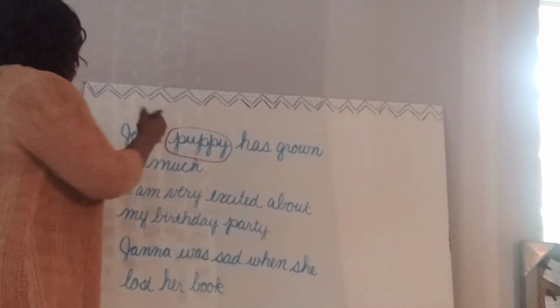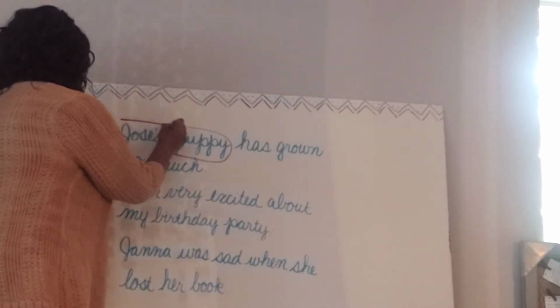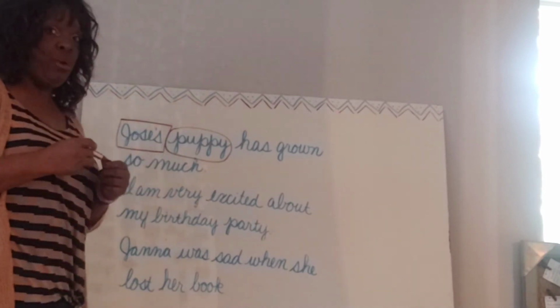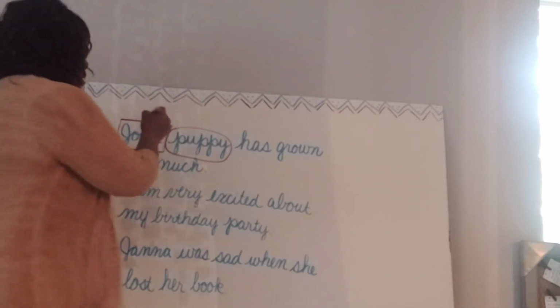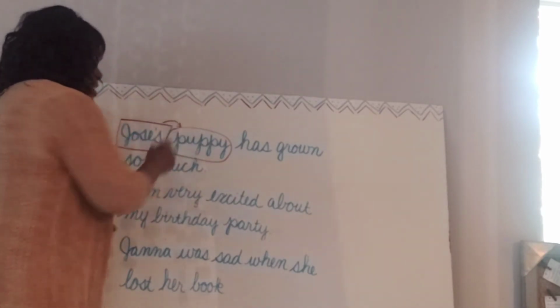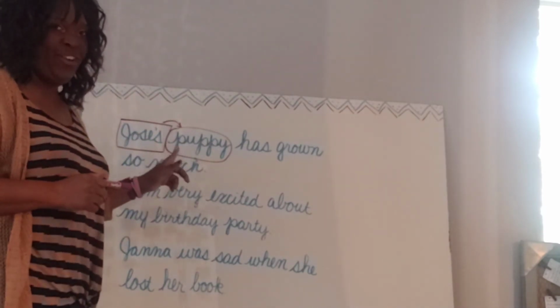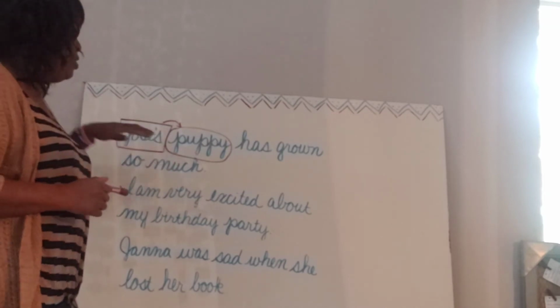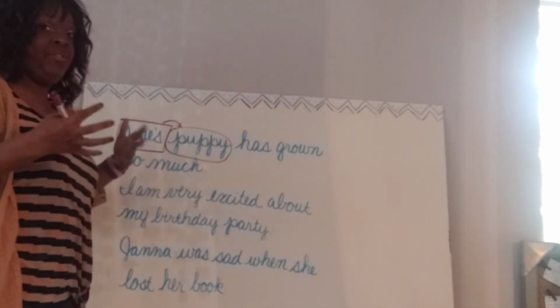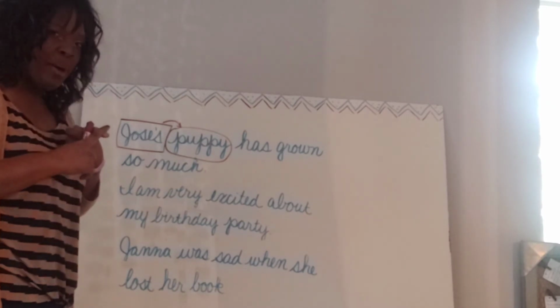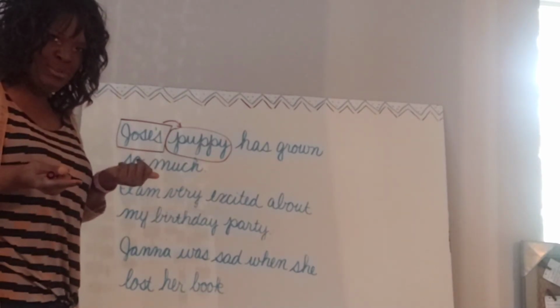Yes, Jose's. Now you might be thinking, but Miss Monroe, Jose is a noun. And we talked about the fact that it's a possessive noun. Well, guess what? That possessive noun just became our adjective of our sentence, okay? So it's not going to be considered a possessive noun when it's answering the question whose for whose puppy. I hope that makes sense, okay?